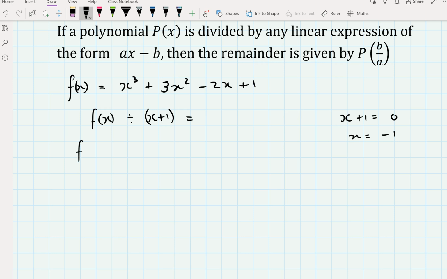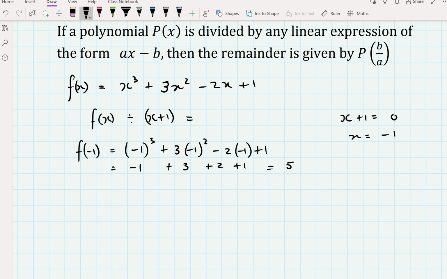So f of minus 1 comes up as minus 1 cubed plus 3 times minus 1 squared minus 2 times minus 1 plus 1. So this is minus 1 plus 3 plus 2 plus 1, and that's going to give me an answer of 5.